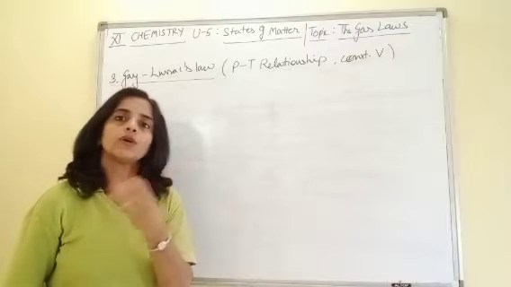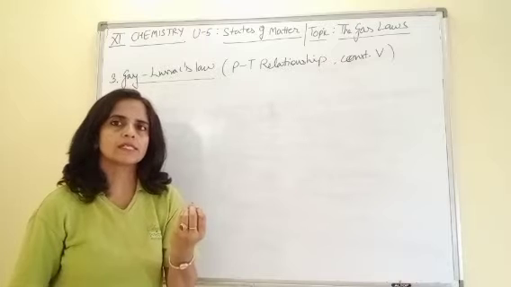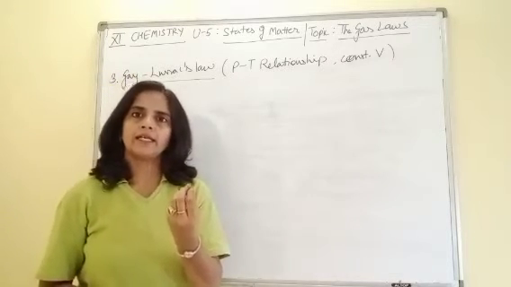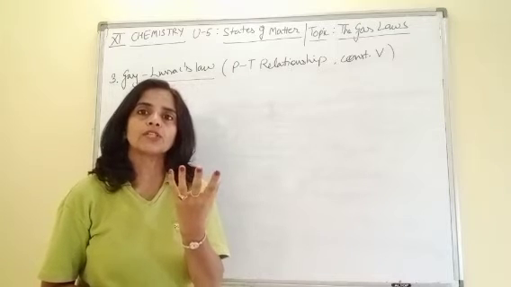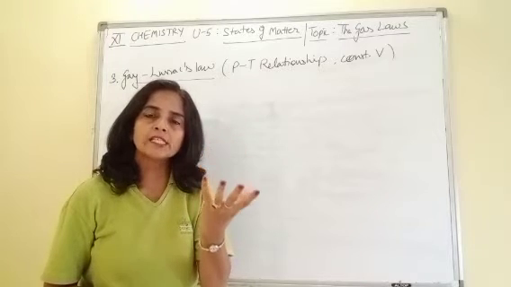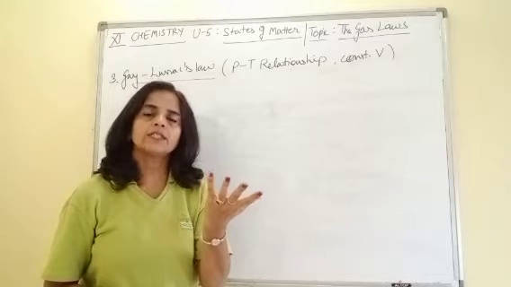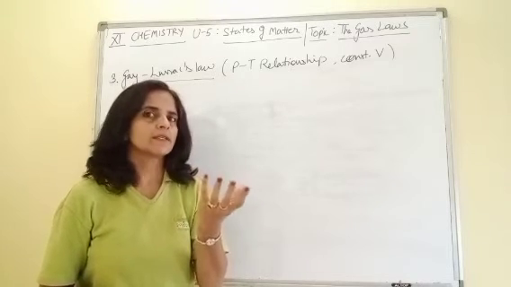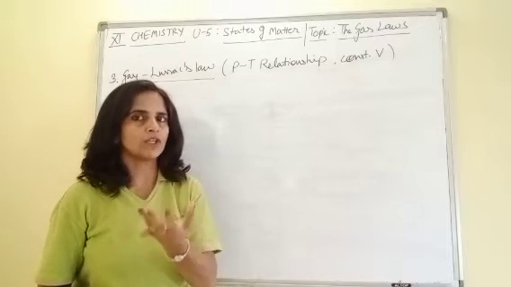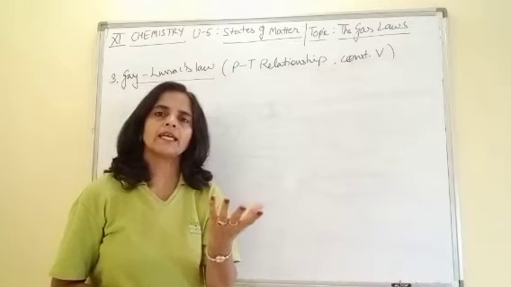Especially during summer days, the temperature is already very high. Temperature is high, volume is constant. Then what happens? The air filled inside the tire starts exerting more pressure. Its pressure continuously increases. Due to that increased pressure, the tire gets burst. Clear? So the main cause of the accident is bursting of the tire, and the reason is that temperature increases while volume is constant. So ultimately, due to increased pressure, the tire gets burst.